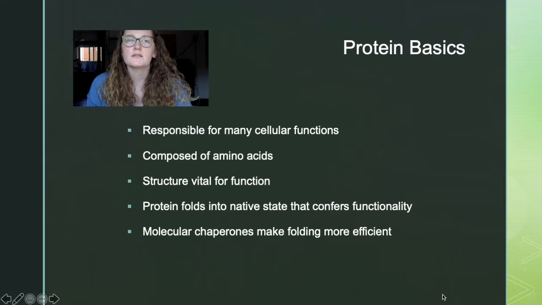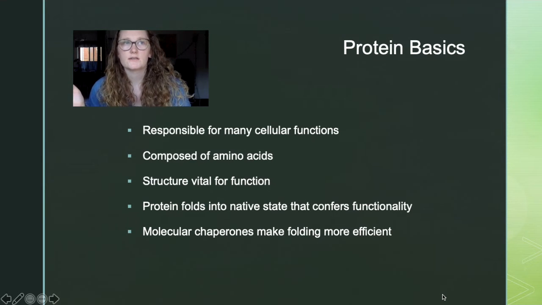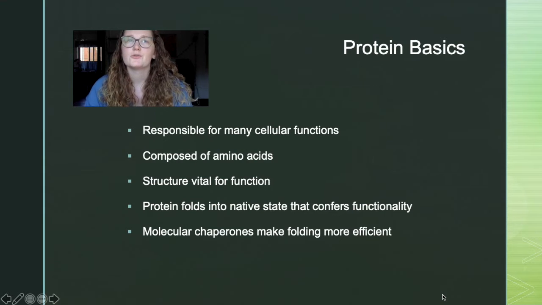So proteins are one of the most vital biomolecules for life. Your body is absolutely full of them, and they're responsible for tons of cellular functions, from structure to transport to energy production, cellular reproduction. They're super important.